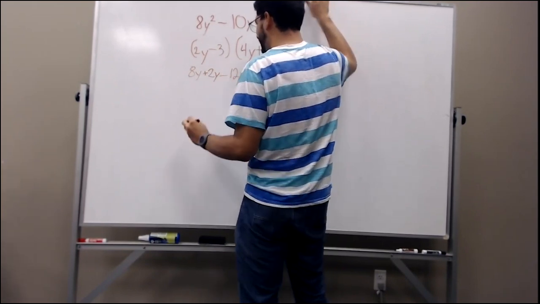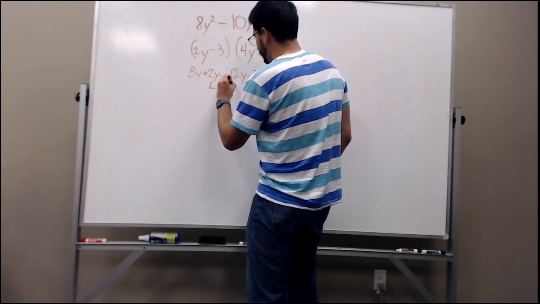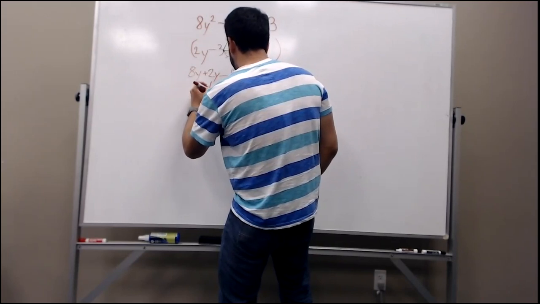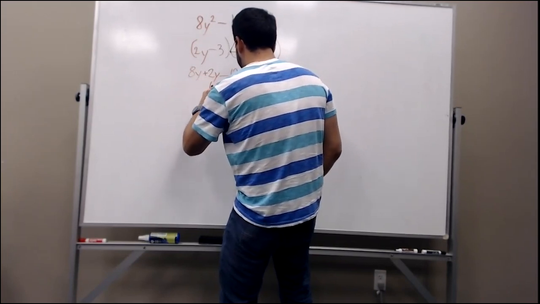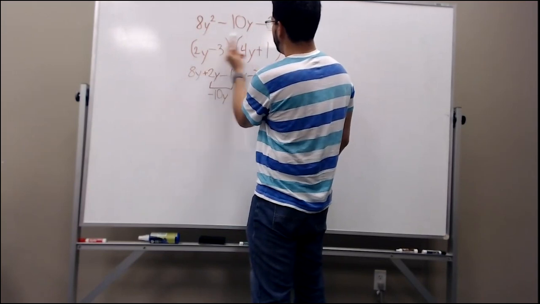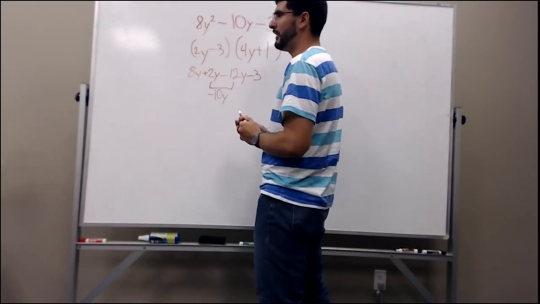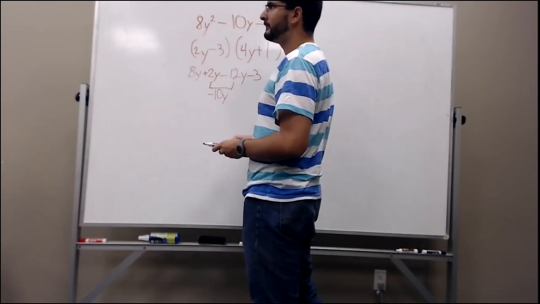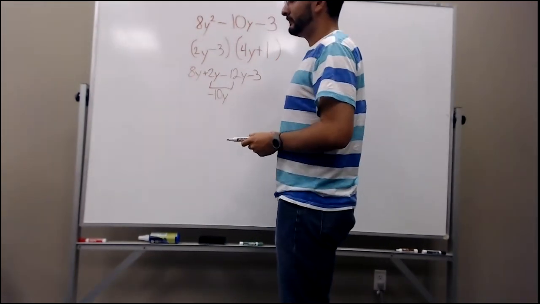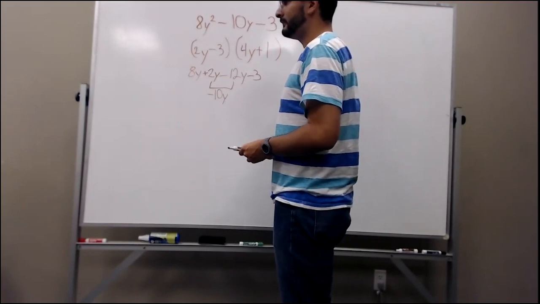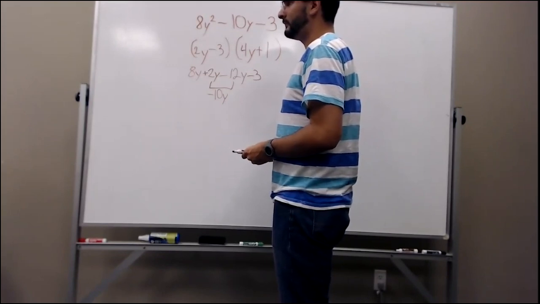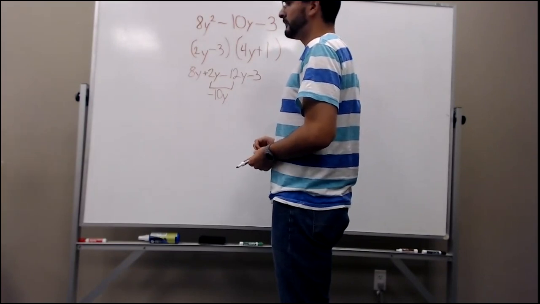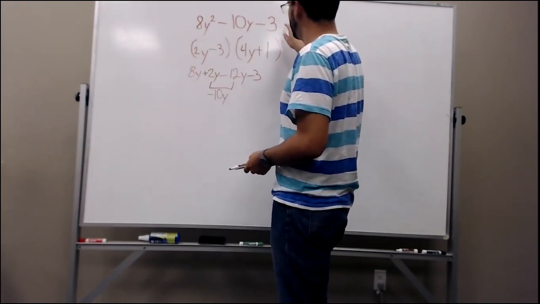Okay. Then we can simplify this and we end up with minus 10y. So the thing that helps you realize is you want two numbers with correct signs that make the sum of the y terms equal to the middle one and whose product equals the last one.